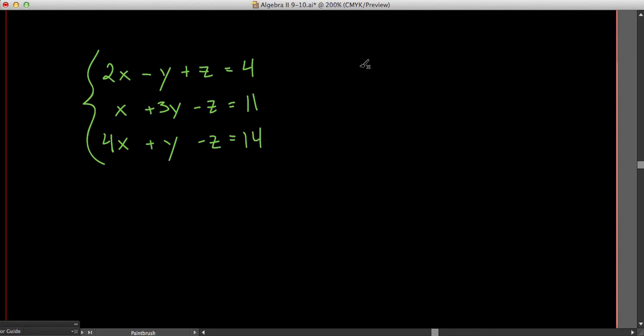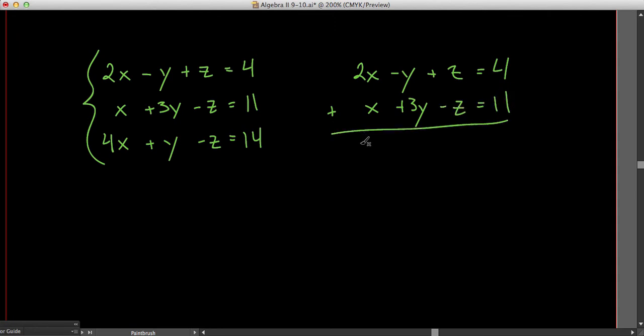So if we take 2x minus y plus z equals 4 and add it to x plus 3y minus z equals 11, our sum will be 3x plus 2y plus 0 equals 15.